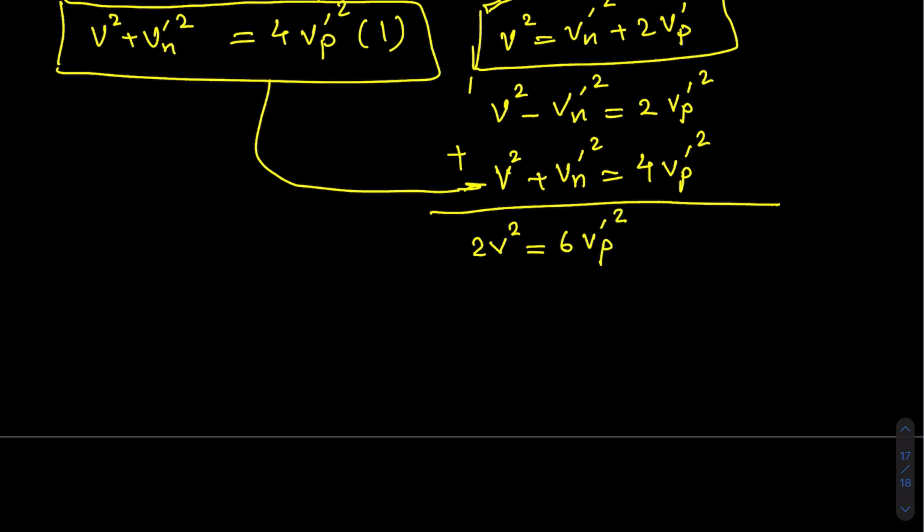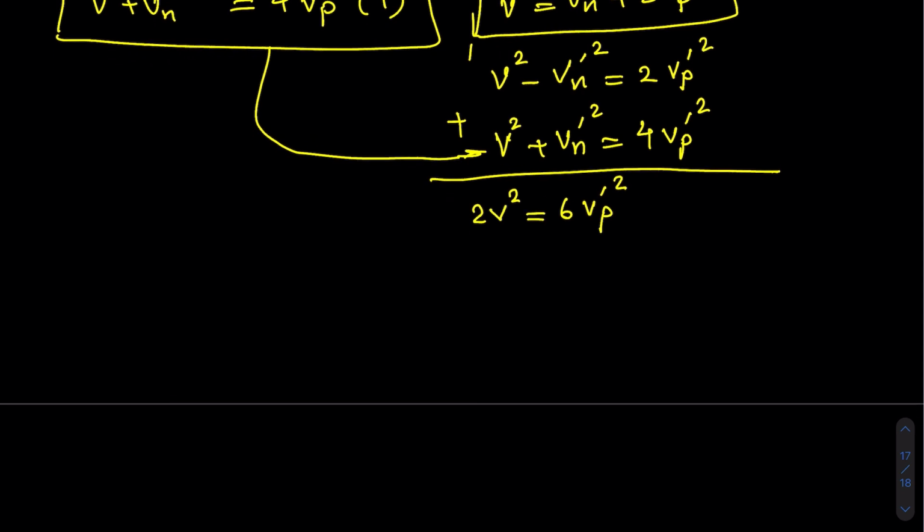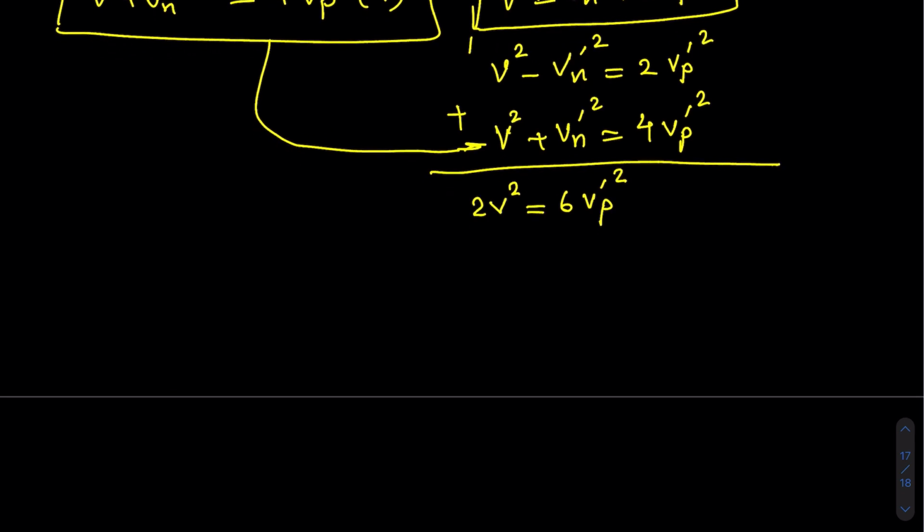All right, now we are getting to a better conclusion. We can find the vp prime, the velocity of particle after collision, based on the velocity of nucleus. So we can say, therefore, vp prime squared will be equal to 2v squared over 6.